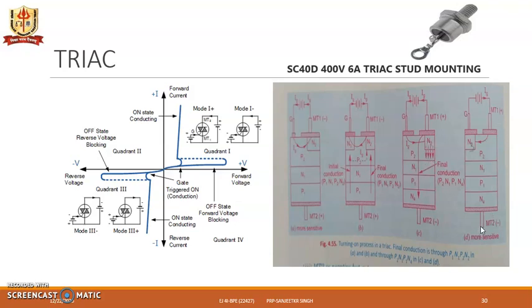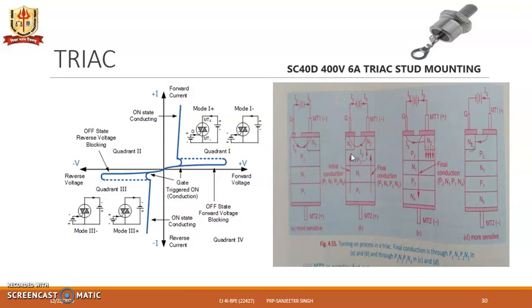And last here we see MT2 negative with respect to MT1, and when MT1 is made positive with respect to gate, initial current will be flowing here from MT1 to N2 gate, and this makes the current flow from MT1 to MT2.